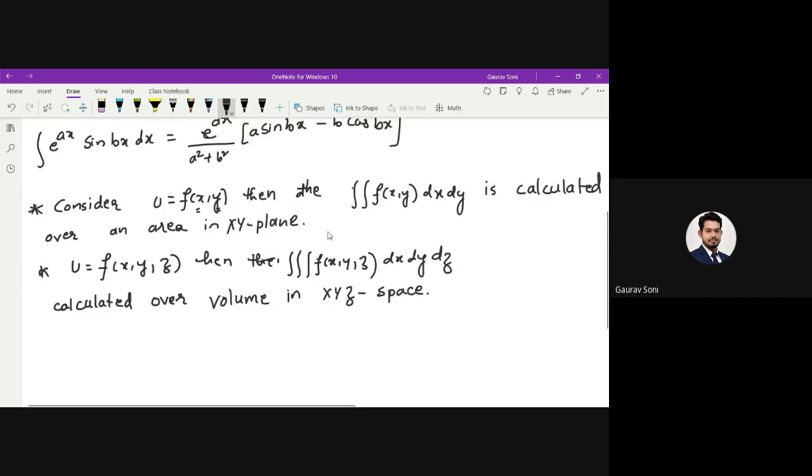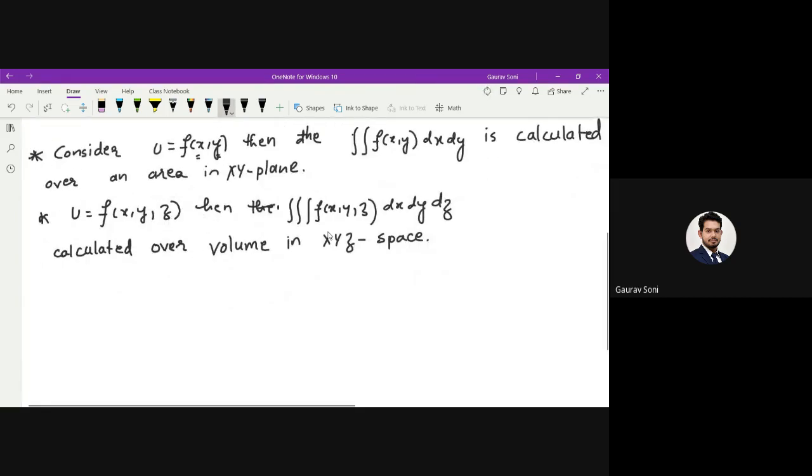The next thing is why there are these dx, dy, dz. When you talk about this integration, y is equal to f of x, if you remember, if you are integrating from a to b, what you were doing was making small rectangles in this, right?